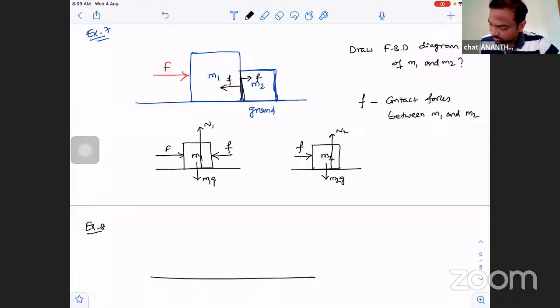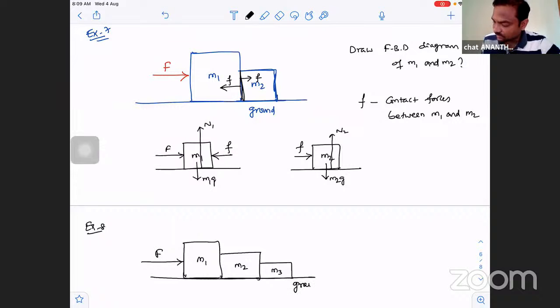Let us go with 3 objects now. All of you try for these 3 objects. Let us say this is M1, in contact with M2, which is in contact with M3, and let us say F is the force acting. This is the ground. The ground is smooth, so no roughness or friction.